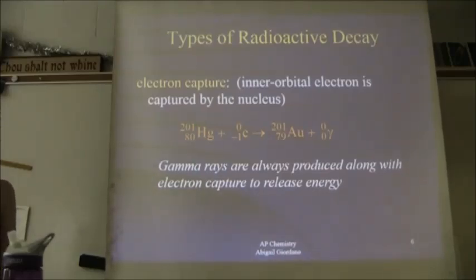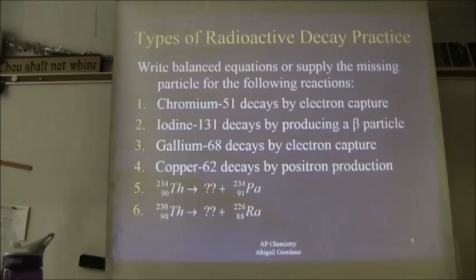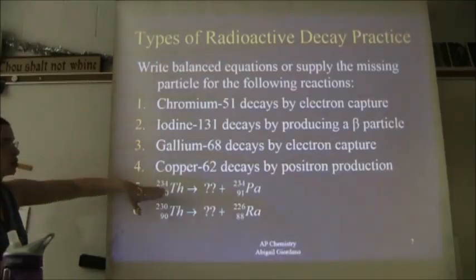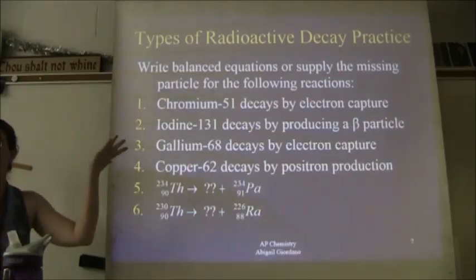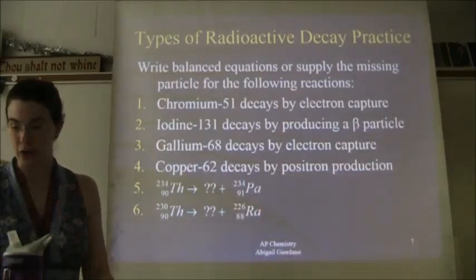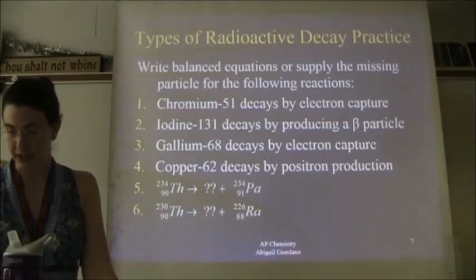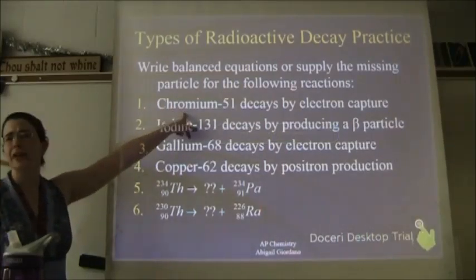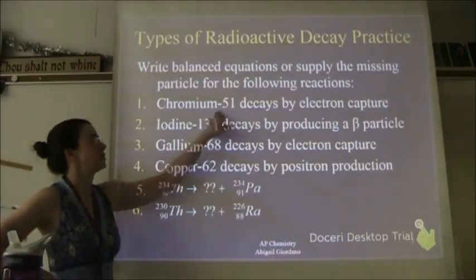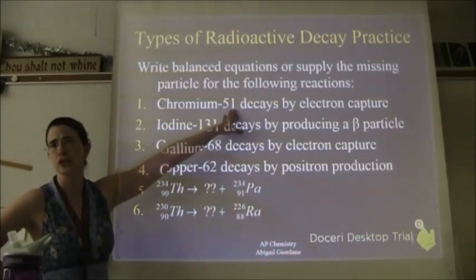So let me tell you what your job is. This is so simple. You are going to write some equations or fill in the blank. Okay. Let's do number 1 together just to make sure that you are comfortable with this. Okay. First of all, guys, I know you've seen this notation before. I just want to make sure you understand it.